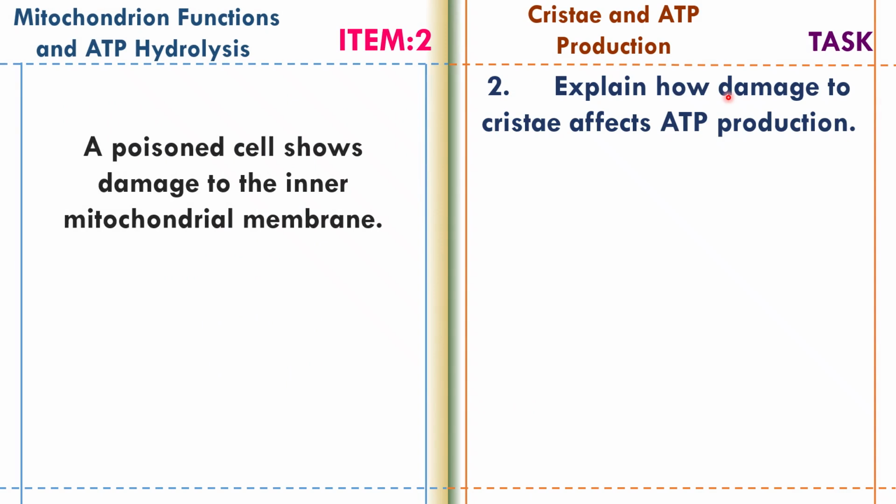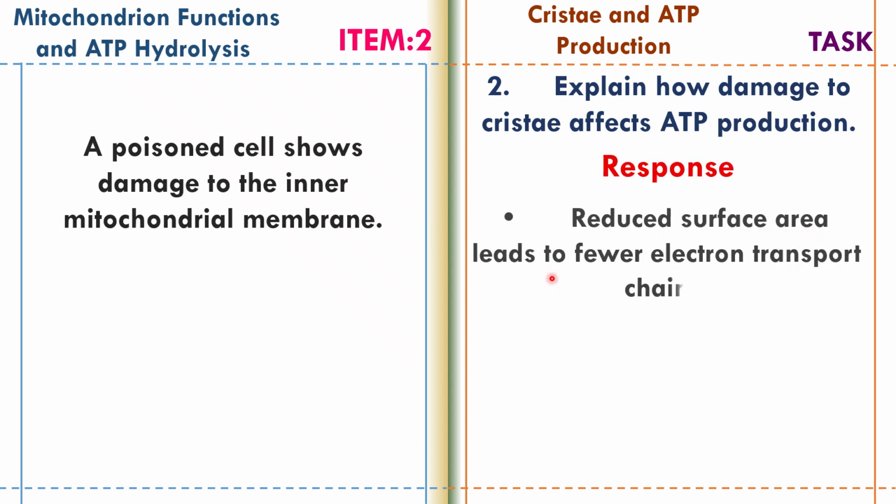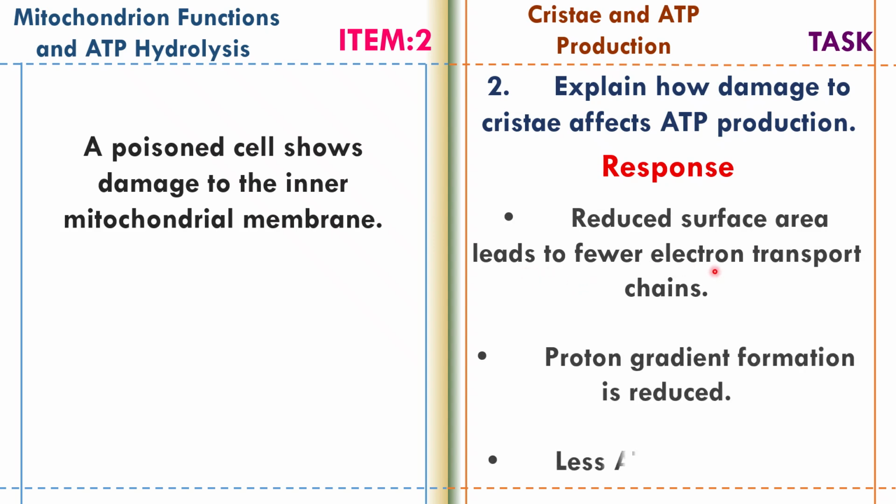Explain how damage to cristae affects ATP production. Reduced surface area leads to fewer electron transport chains. Proton gradient formation is reduced. Less ATP is synthesized.